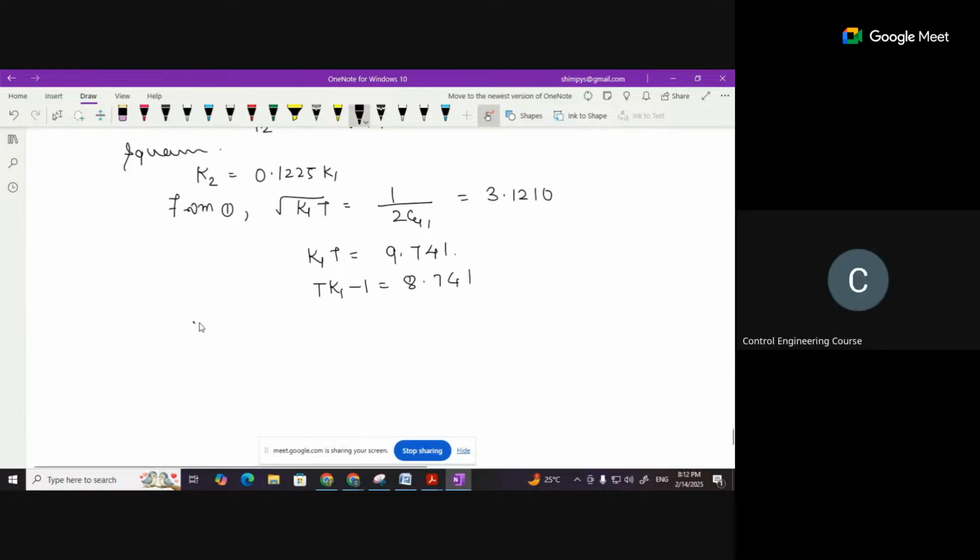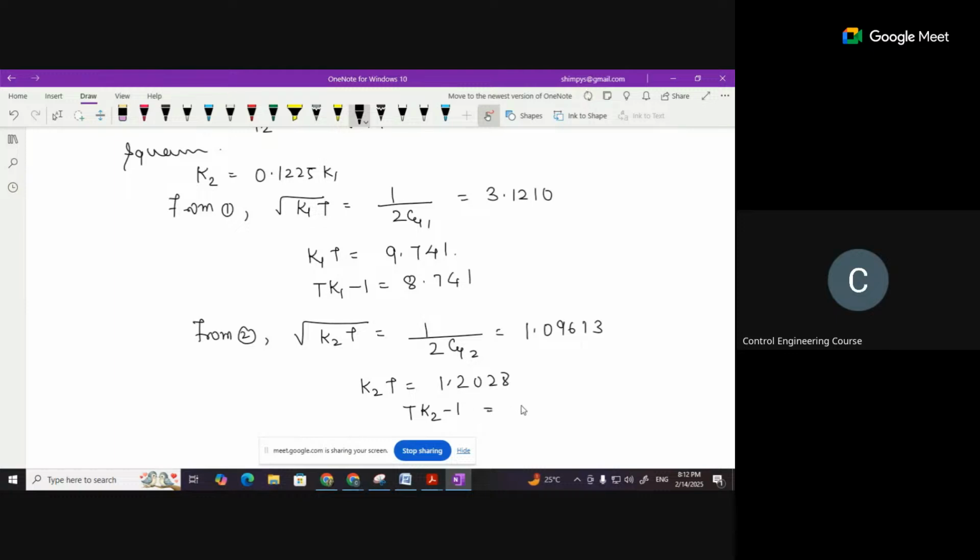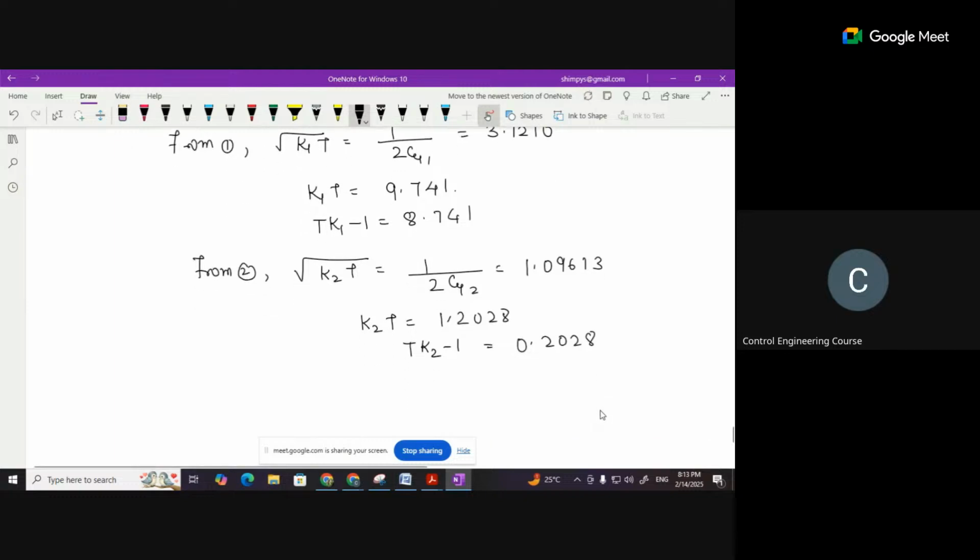Similarly, from 2, you will get root over k2t as 1 by 2 into zeta 2, that is 1.09673. And k2t will come out to be 1.2028, and tk2 minus 1 will come out to be 0.2028, and the ratio, if you find out, will give you 43.3.